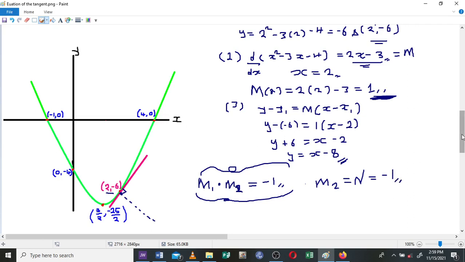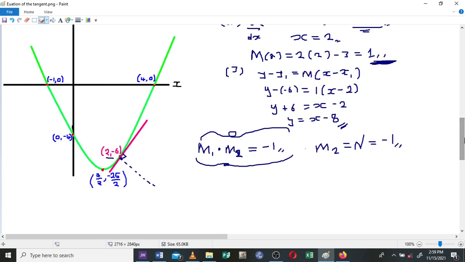Cool. Since the gradient is negative 1, the point remains the same. We are still using 2 comma negative 6. This is the point where we have a normal line. So we have the x value and the y value at this point and the gradient of the normal line.